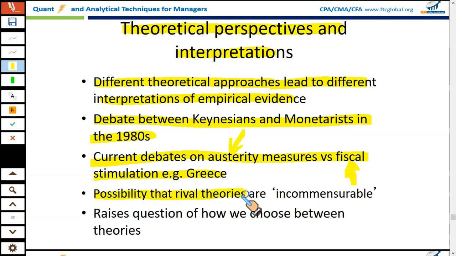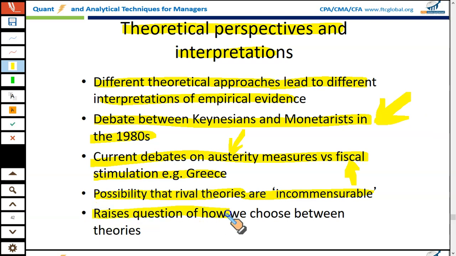Possibility that rival theories are incommensurable, which means incomparable. Sometimes different theories are so unique in their approaches and assumptions that they can't be directly compared or measured against each other, like these monetarists versus Keynesians.